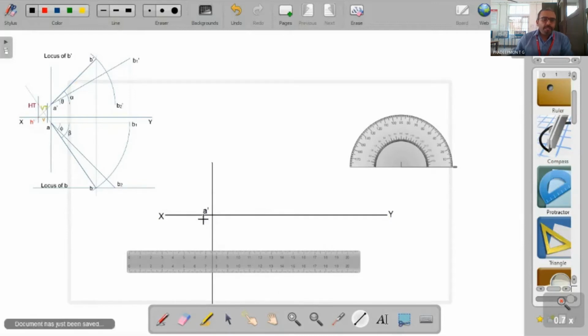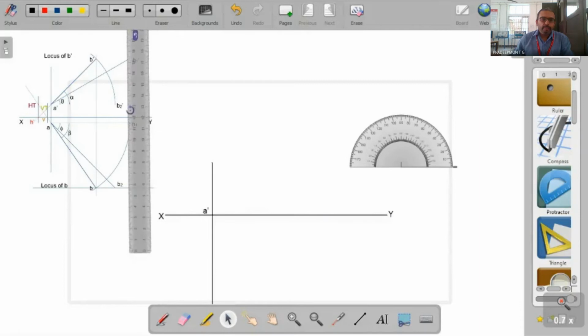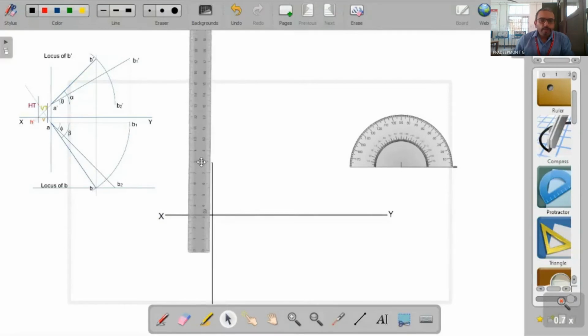Now on this straight line, 30 millimeter below the XY line, you have to mark A. So 30 millimeter below the XY line, you have to mark the point A. So here it is.